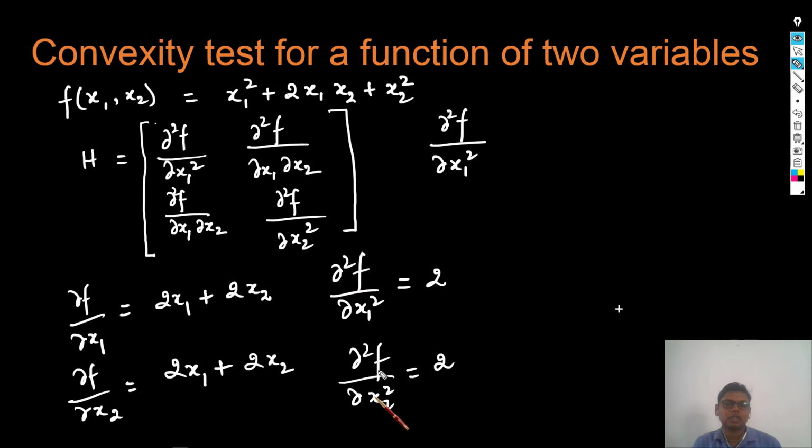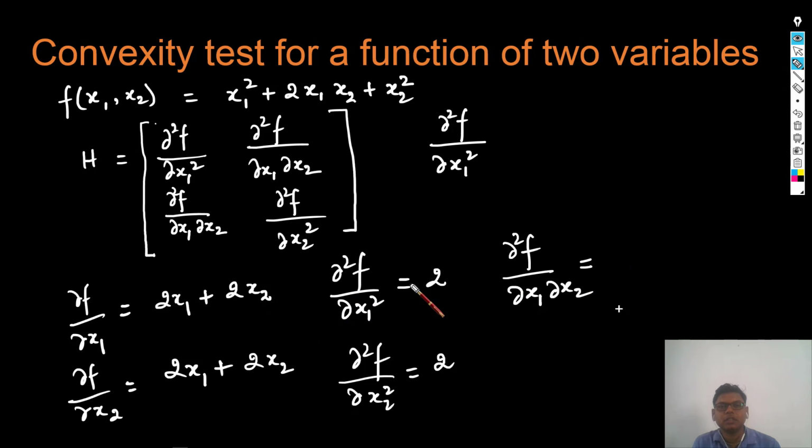So these terms we have determined. What else is left? This one is left. Because this and this are both the same, del 2 f upon del x1 del x2 means del f upon del x1 is again differentiated partially with respect to x2. Here we differentiated with respect to x1, and in this term we will differentiate this one with respect to x2.